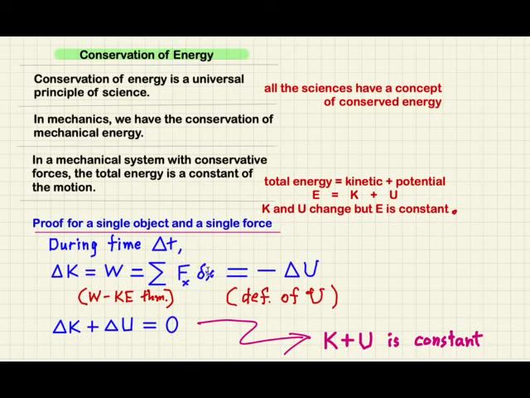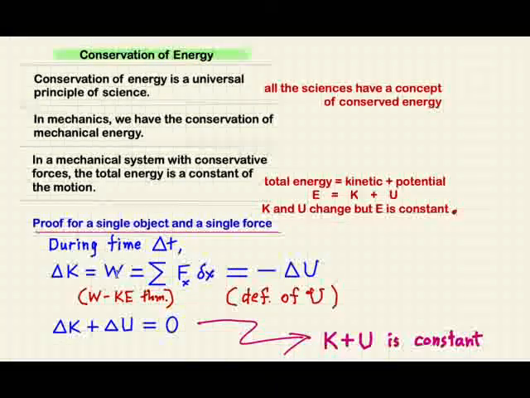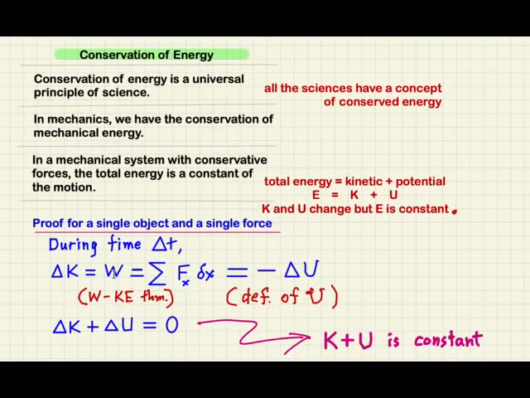F delta x is the amount of work done by the force over that displacement. If you add those works over the entire large displacement, that's the sum, sigma, you get the total amount of work. That's the work kinetic energy theorem.